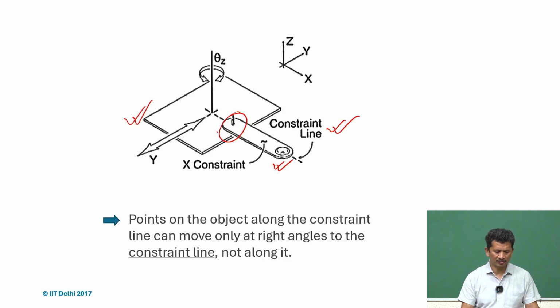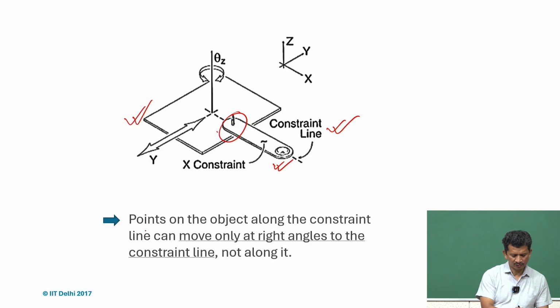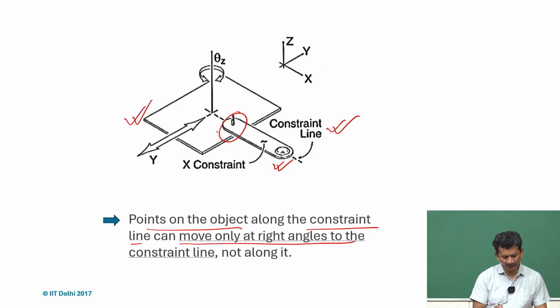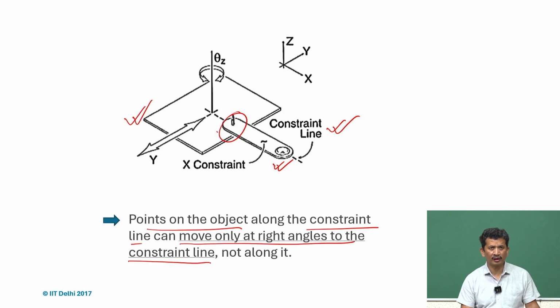So, there will be a constraint line defined, along which the object will be constrained. So, this is what we call a device or means to provide the constraint, and what we are saying is, points on the object along the constraint line can move only at right angles to the constraint line, not along it.